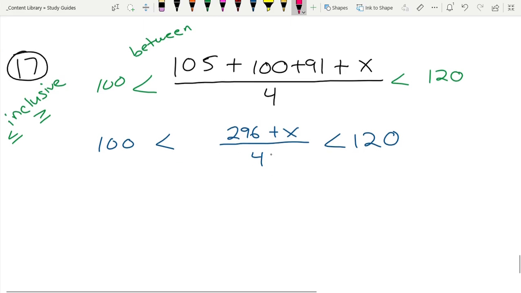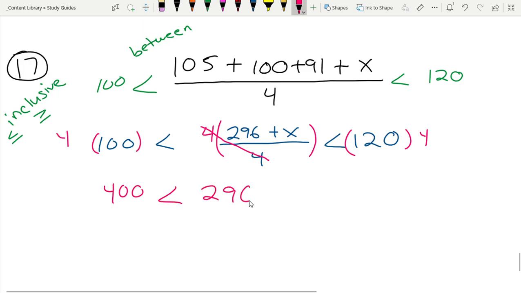This 4 is a divider, so to get rid of dividers, we multiply, so they will cancel each other out. And I have to do it to all 3 parts. So I get 400 less than 296 plus x less than 480. Now we can get rid of the 296 by subtracting 296.